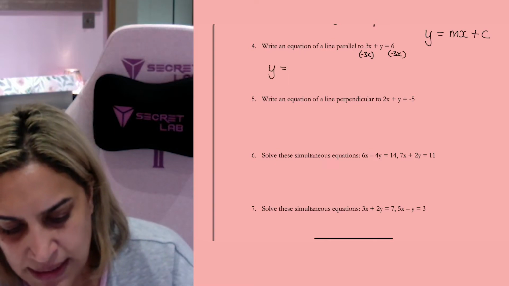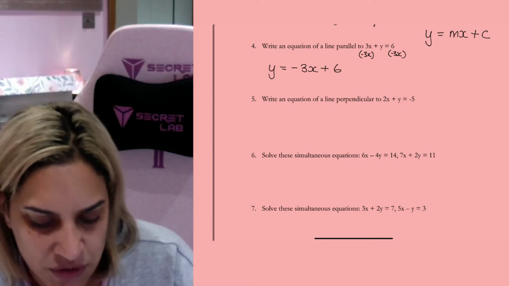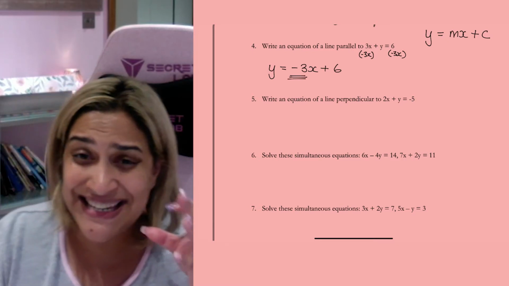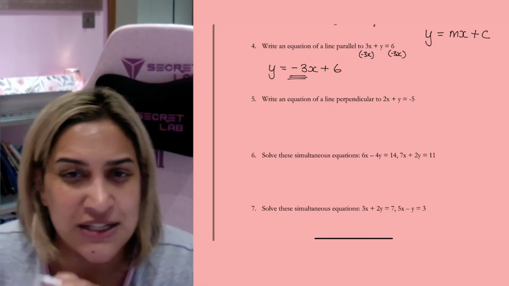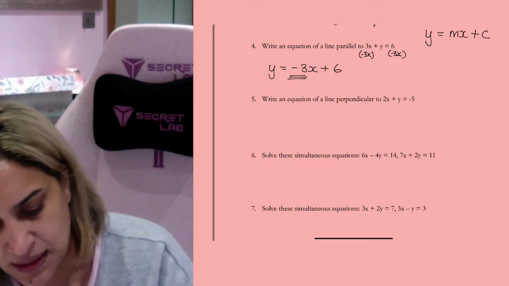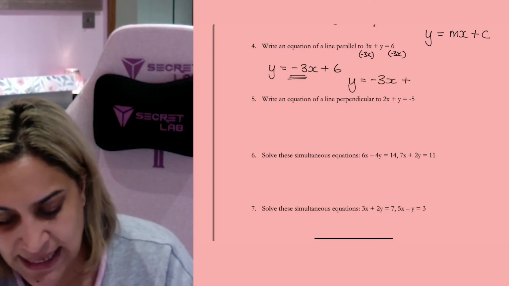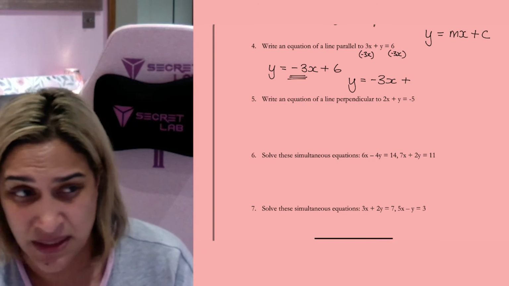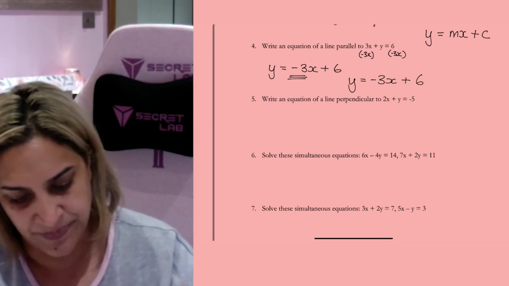So we get y equals -3x plus 6. So we can see that the gradient, the bit in front of the x, is -3. And if it's parallel, it's got the same gradient. So we get y equals -3x, and like we said, we can add any number or just leave it as -3x, which means it goes through the origin. Right, we'll put 6 there.